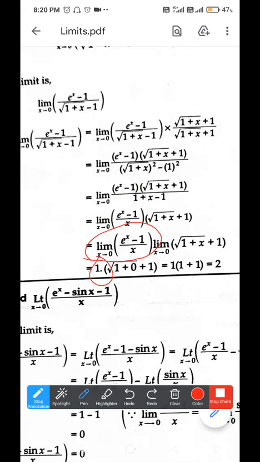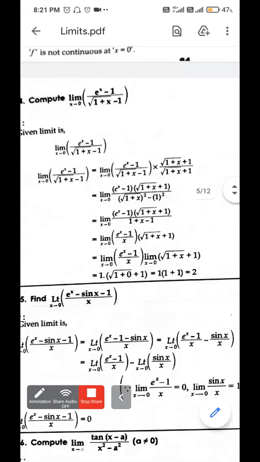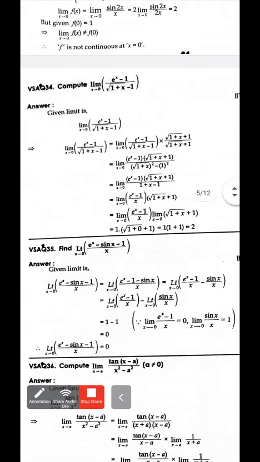Limit x tends to 0 of root of 1 plus x plus 1 is equal to 1 plus 1, that is 2. So 2 into 1 is 2. Got it? Understood?